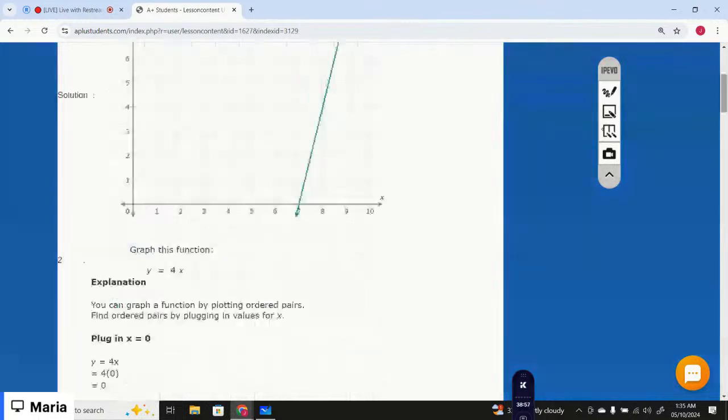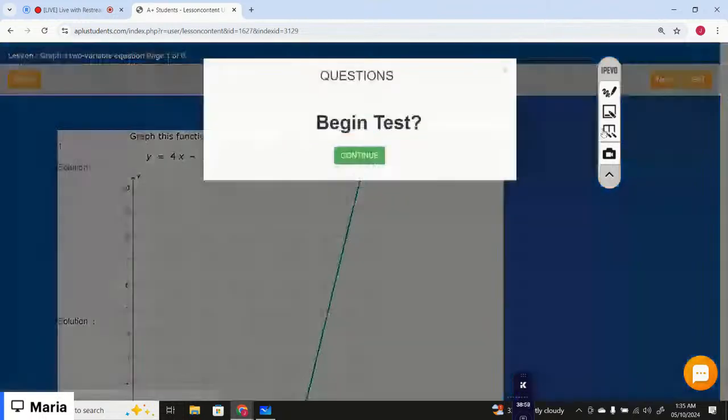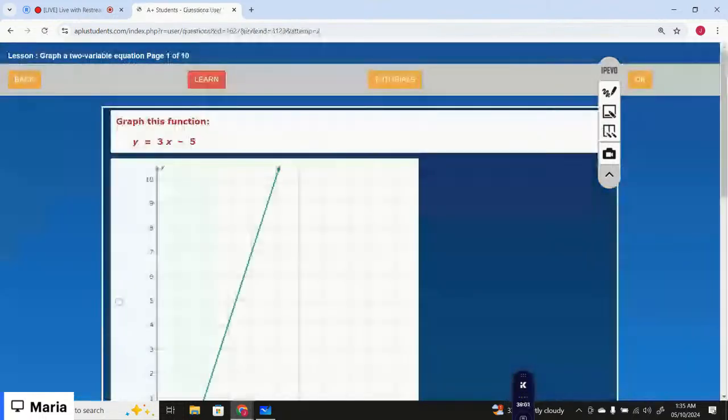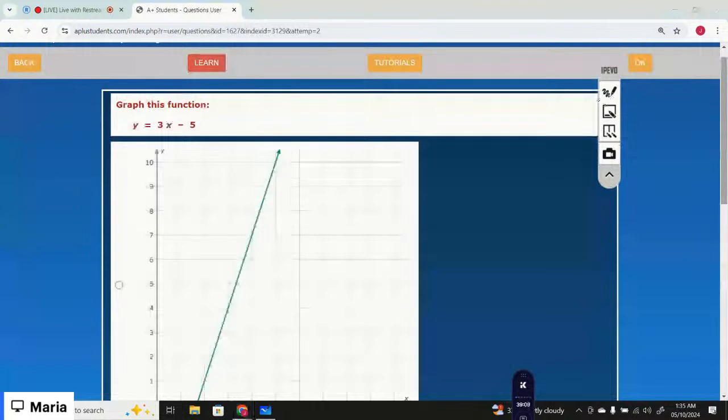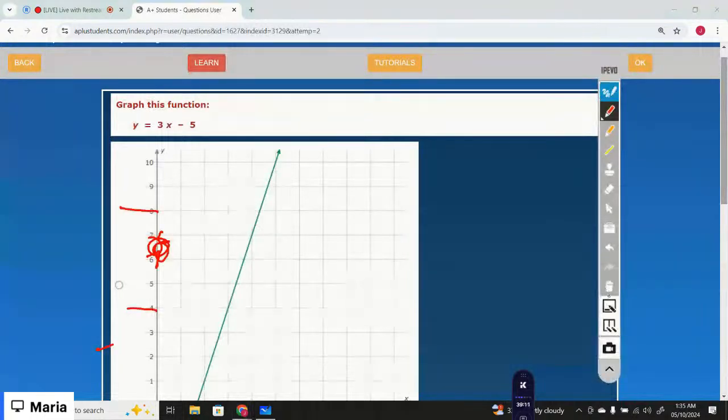Let's just start with the test questions. Y equals 3x minus 5, right? So let's start with x equals 0. Y equals negative 5.